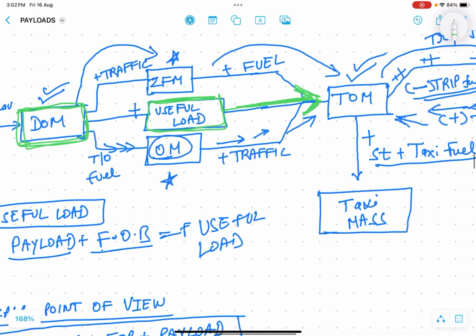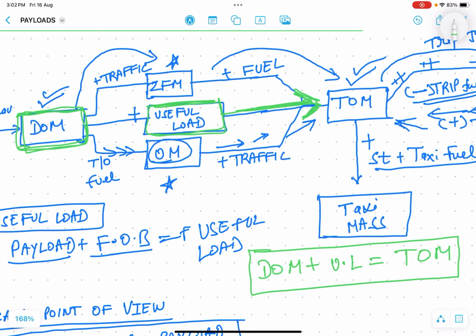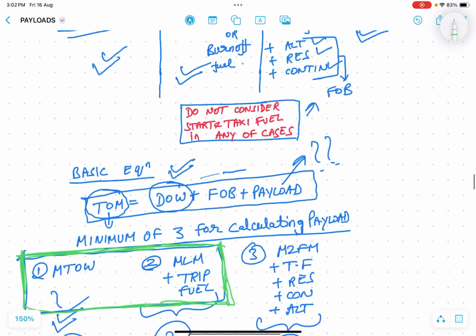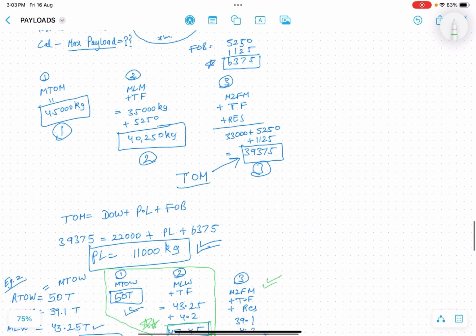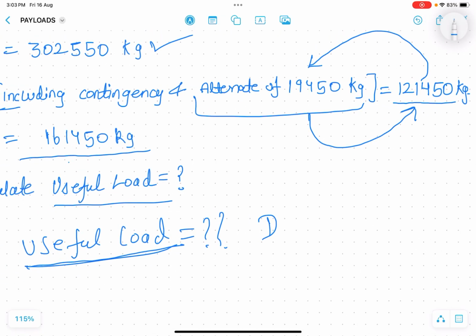So let me write here, dry operating mass plus useful load is equal to takeoff mass, right? So we have dry operating mass plus useful load is equal to takeoff mass, or we can also say that useful load is equal to takeoff mass minus dry operating weight.